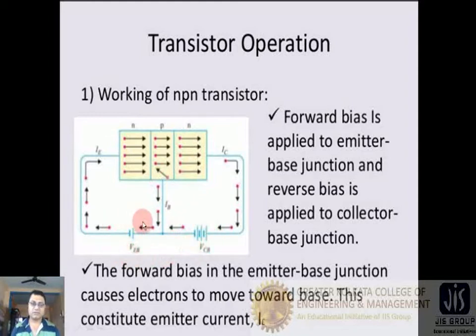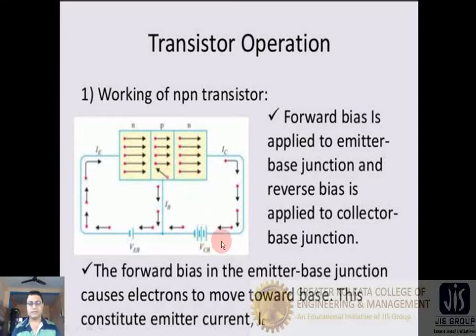So the emitter base junction is forward biased with the help of this battery, and the collector base junction is reverse biased with the help of this battery. It is a common base configuration because the base terminal is common to both batteries. As the emitter base junction is forward biased, all the electrons coming from the emitter reach the base, and as the base is very narrow and lightly doped, the electrons coming from the emitter reach the collector.